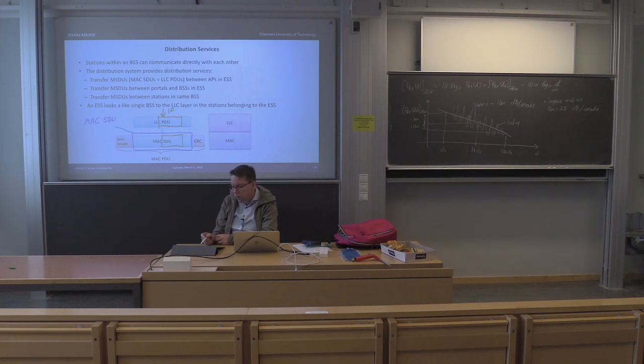Not problems, but one has to have a particular type of handling of addresses. And the ESS then looks like a single BSS for the LLC layer, which is above a station that belongs to that ESS. So the LLC is unaware of the basic service sets that together form the ESS.